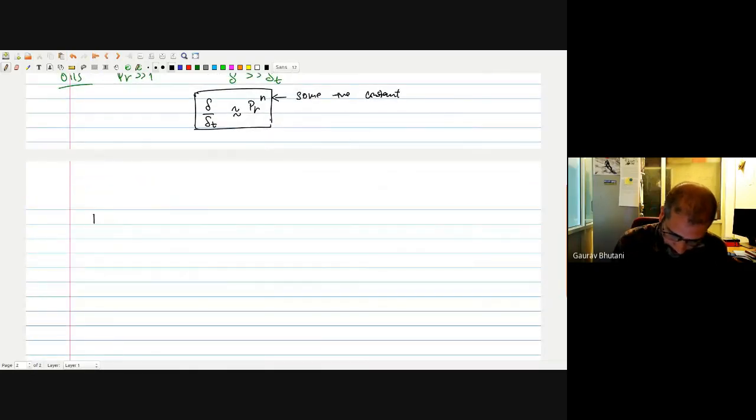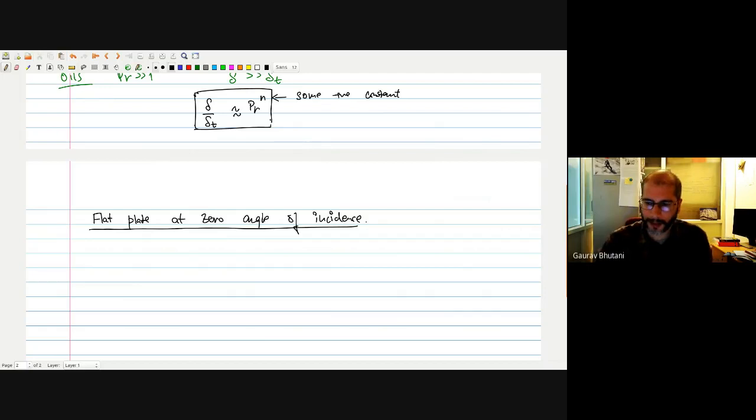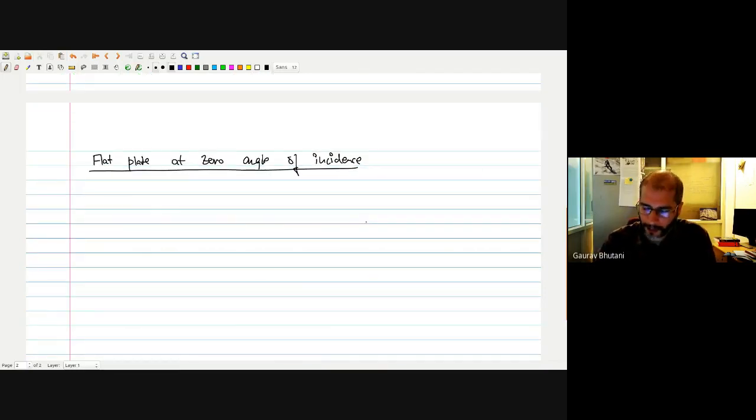So for a flat plate, remember that this analysis that we are trying to do is for a simple situation where you have this flat plate at zero angle of incidence, and then you have a fluid at a free stream velocity of u infinity and temperature T infinity, and the flat plate temperature is T surface.